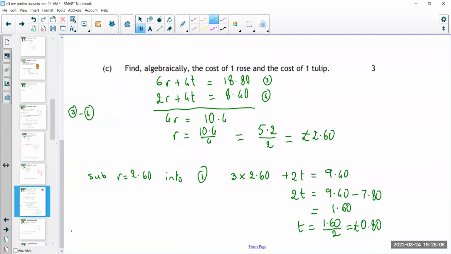So to finish this, you need to put a wee sentence. You would get a mark to come up with a strategy.